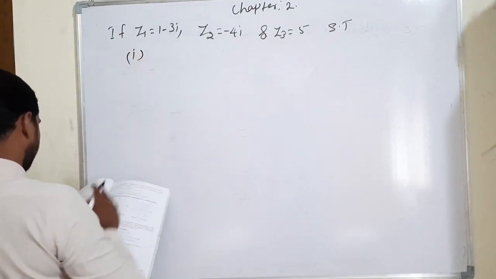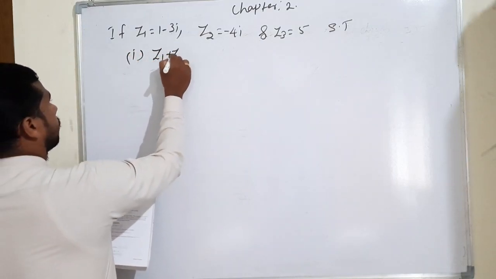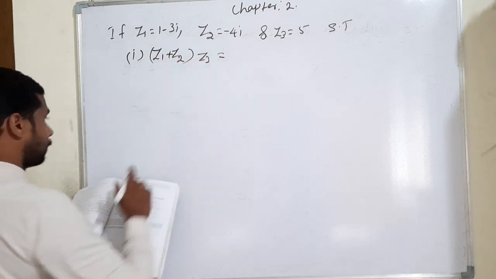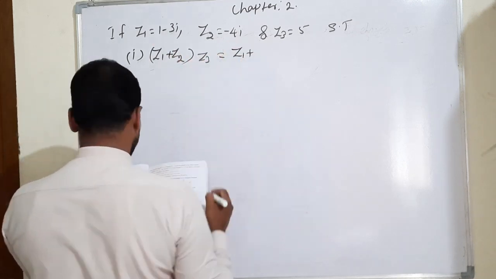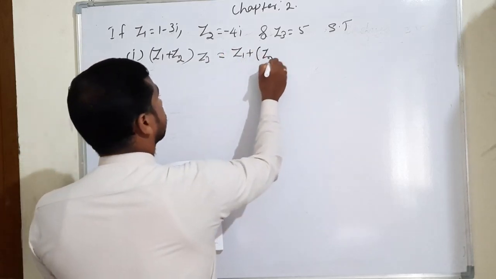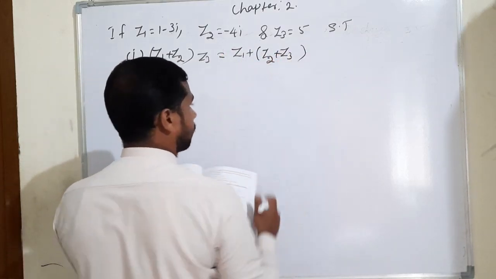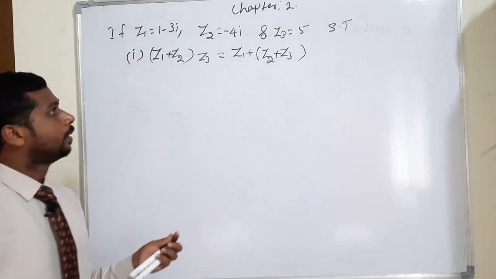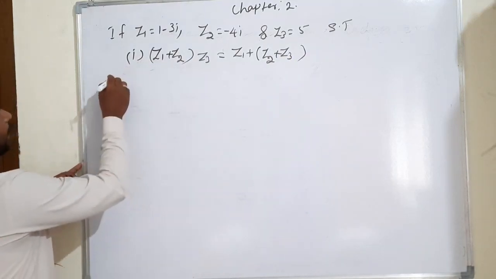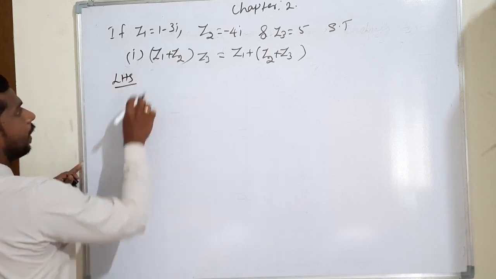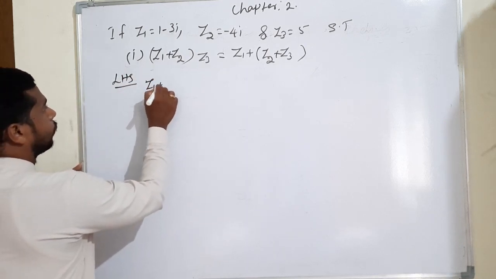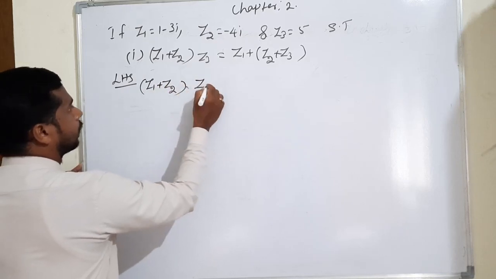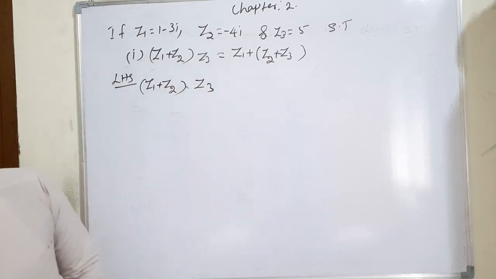Subdivision 1: Z1 plus Z2 in bracket into Z3 is equal to Z1 into Z3 plus Z2 into Z3. So listen, first I am going to consider the LHS. What is the term of LHS? Z1 plus Z2 into Z3, isn't it?